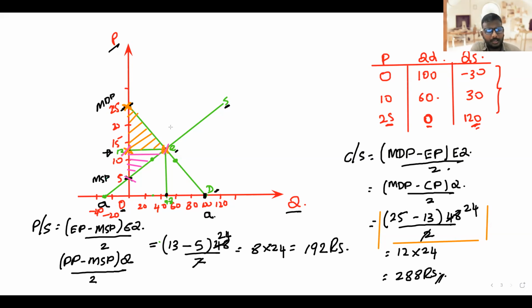Once you are done marking, you have to just put an arrow and say, okay, this is consumer surplus. This is producer surplus. That's what you have to do in the graph.